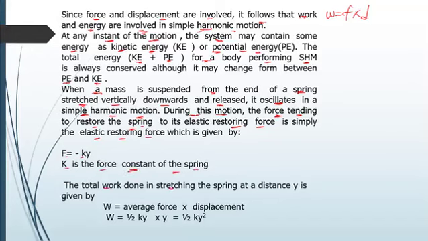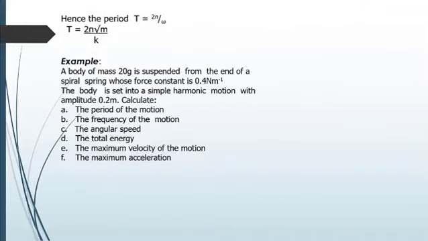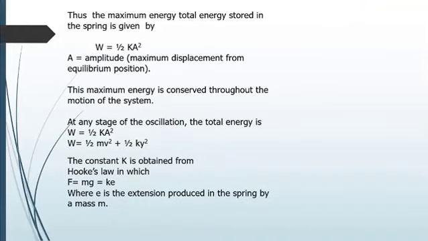The total work done in stretching the spring by a distance y is given by W equal to the average force times the displacement, which is half Ky times y, or half Ky squared. What it simply means is that the maximum total energy stored in a spring is given by equation 2, half Ka squared, where A is the amplitude, or the maximum displacement from the equilibrium position. This maximum energy is conserved throughout the motion of the system.